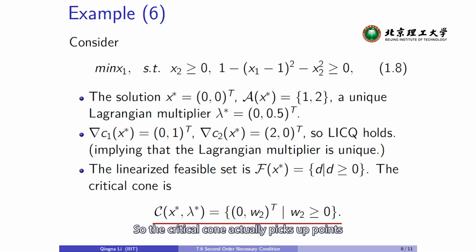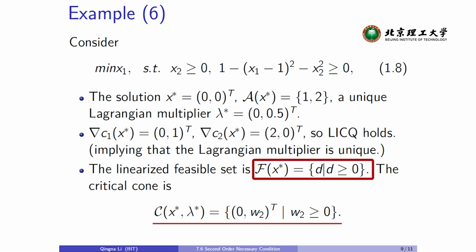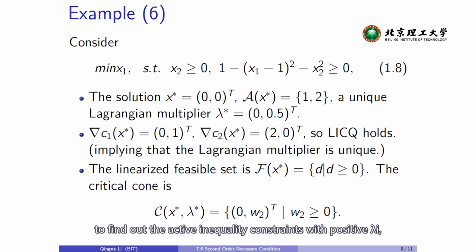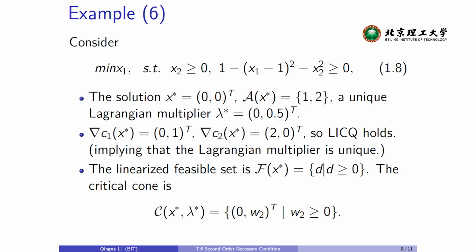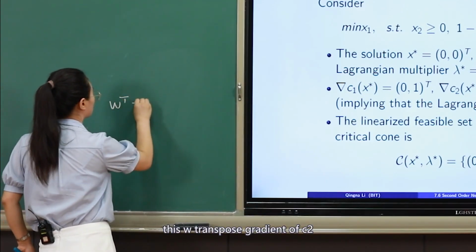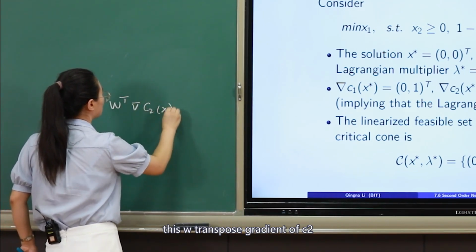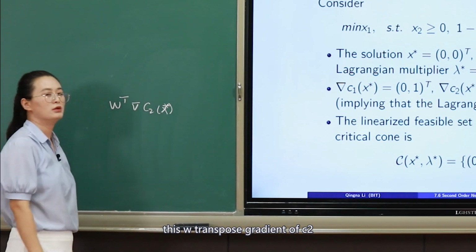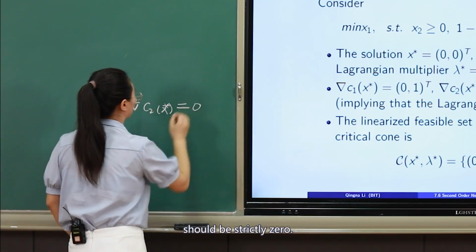The critical cone actually picks up points in this set, and then we look further to find the active inequality constraints with positive lambda i, which is the second constraint. For the second constraint, we need the direction omega orthogonal to this direction. Therefore, by simple calculation, omega transpose gradient of c2 should be strictly 0, right?